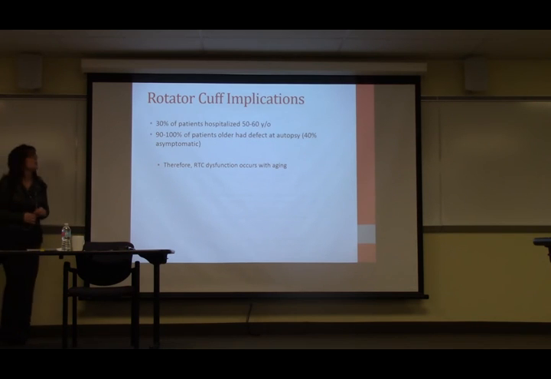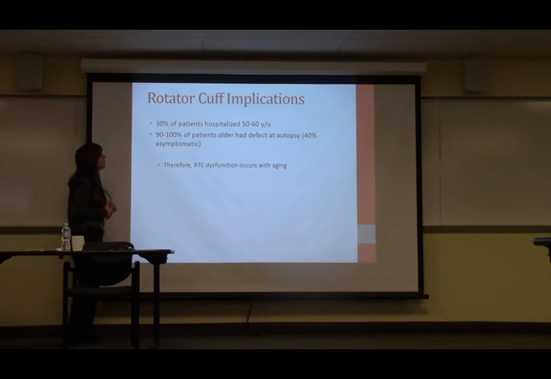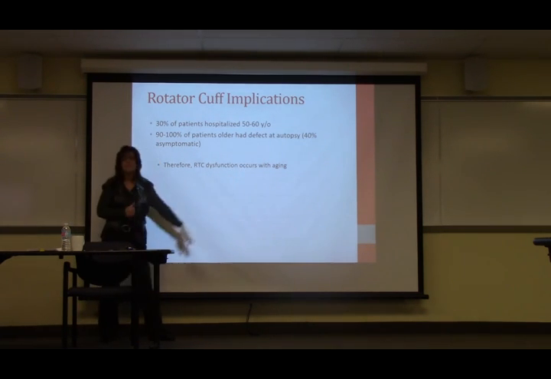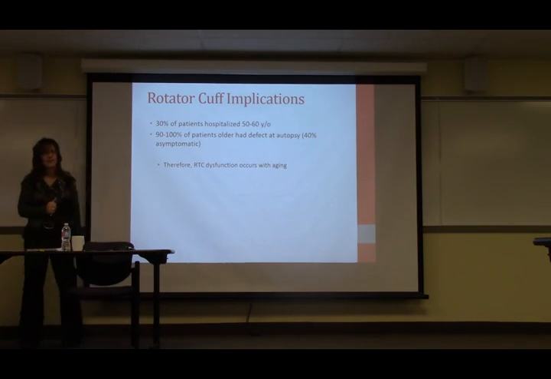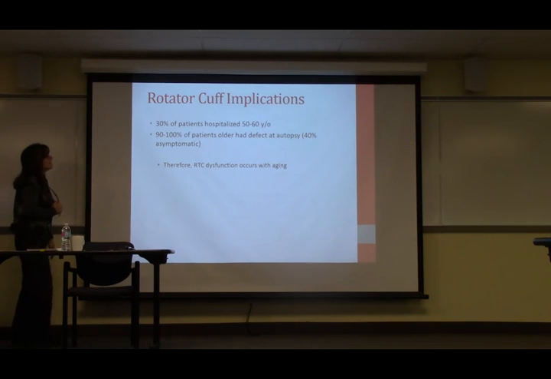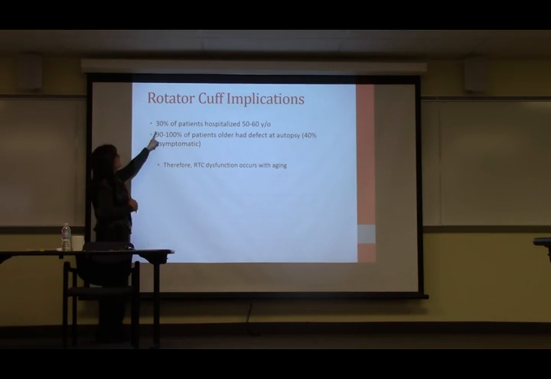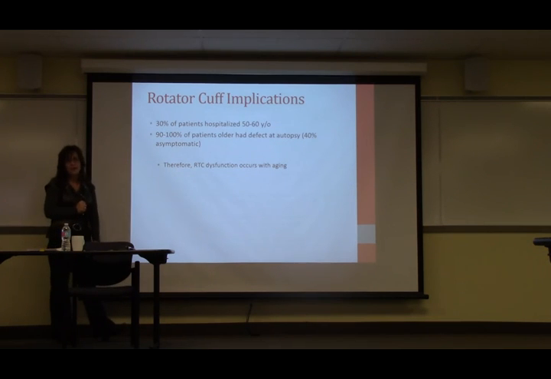All right. But the big take-home message too is that rotator cuff pathology is super, super common in people, and it's an aging issue. If you look at the people hospitalized between 50 and 60 years old, 30% would have rotator cuff pathology.